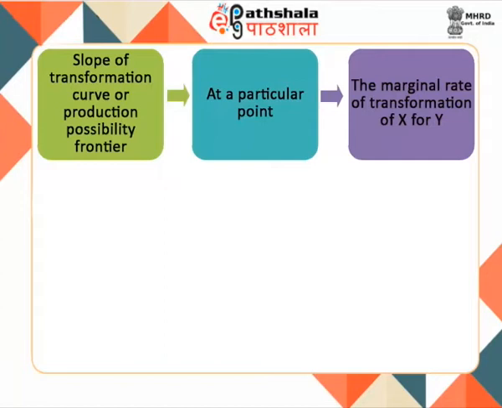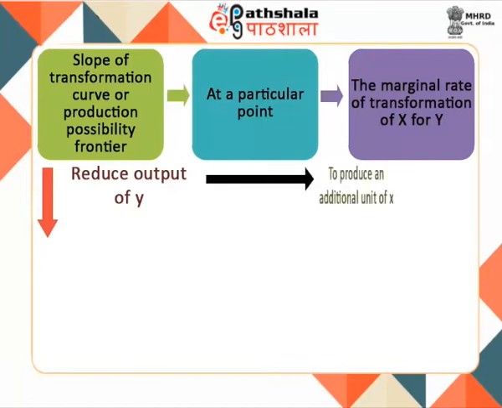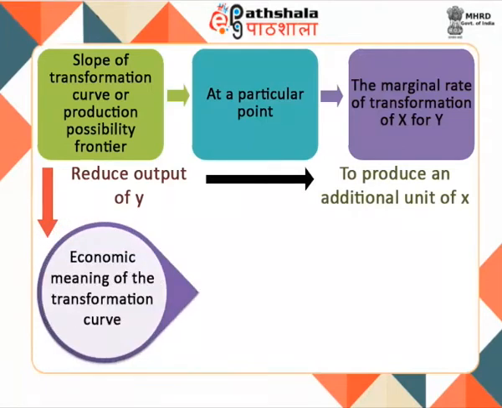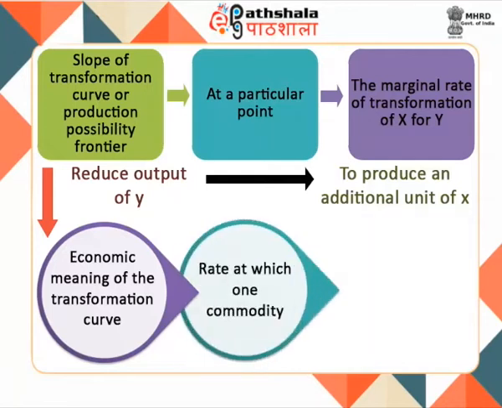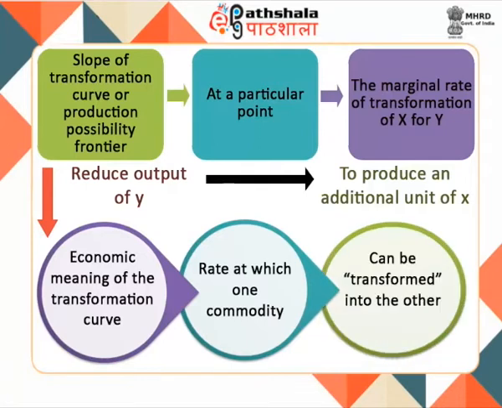It measures by how much this economy must reduce its output of Y in order to transfer enough labor and capital to produce an additional unit of X. The economic meaning of the transformation curve is the rate at which one commodity can be transformed into the other.